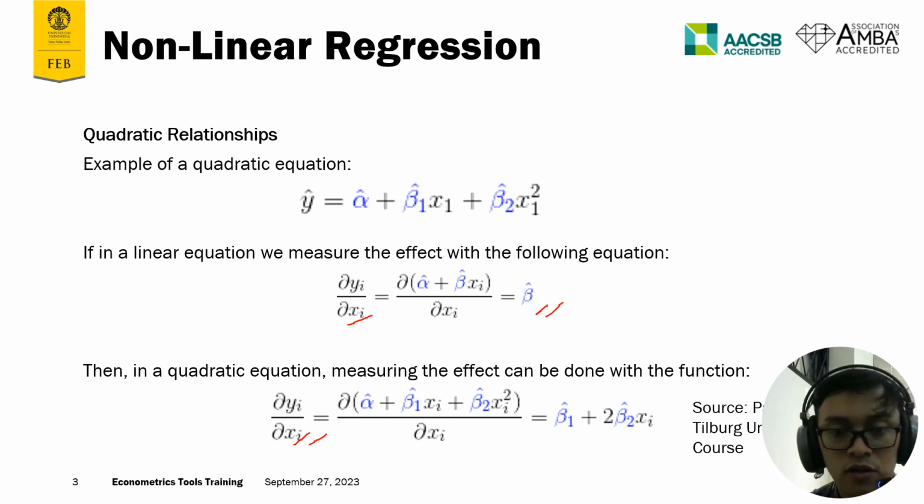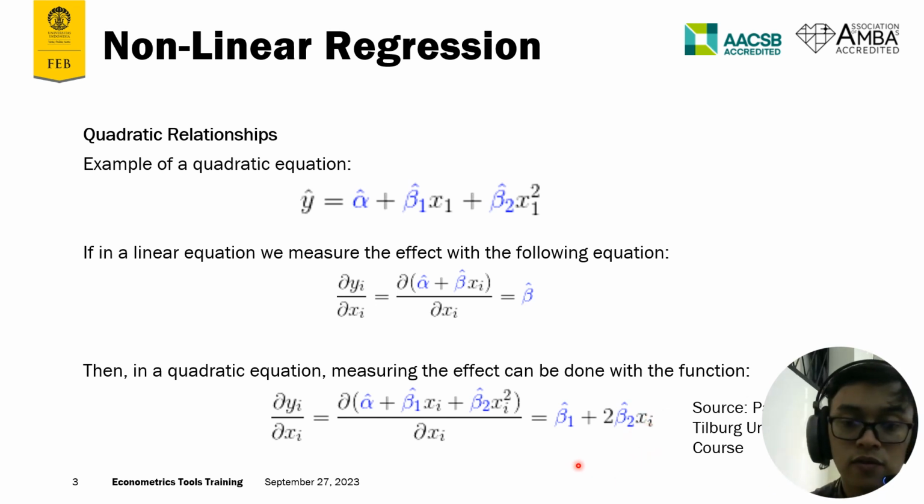If we differentiate it, we can see that there is beta 1 as the similar effect from the x with the previous one, but there is a new effect, which is beta 2 multiplied by 2 multiplied by x1.